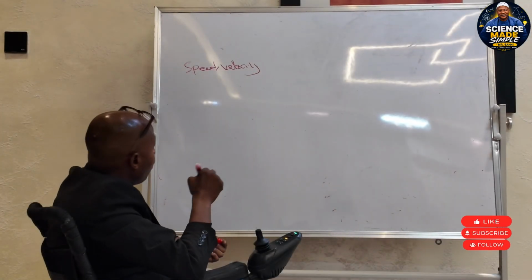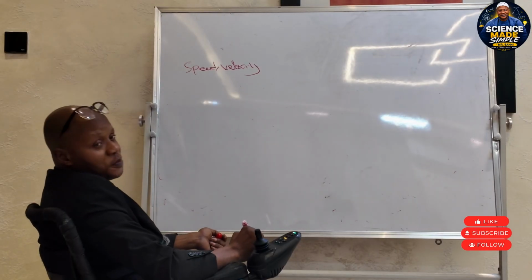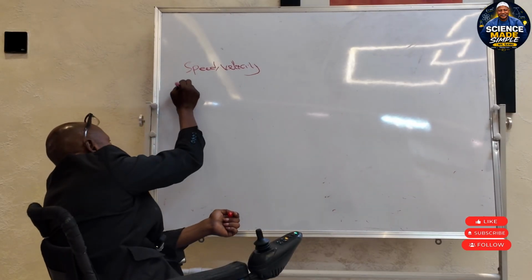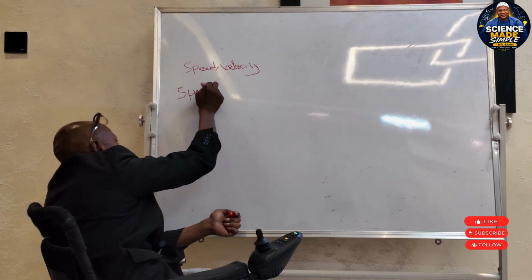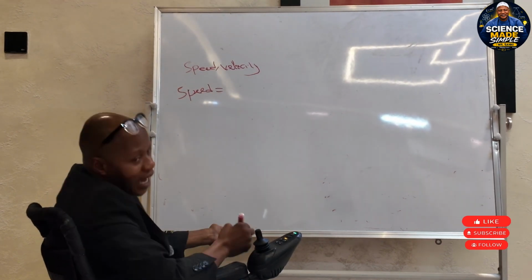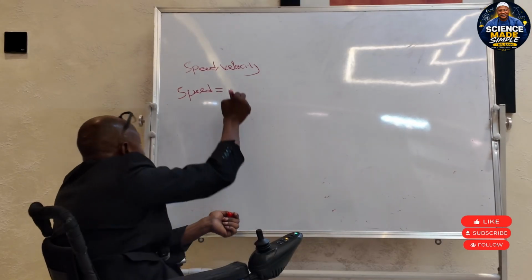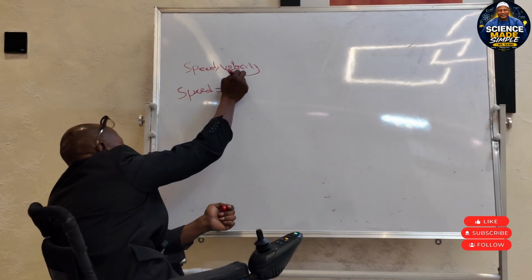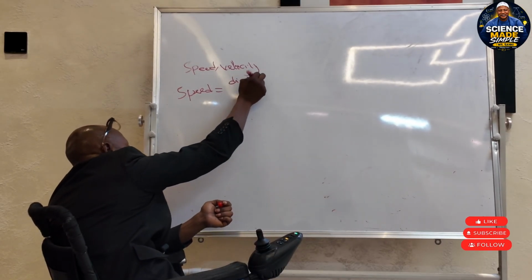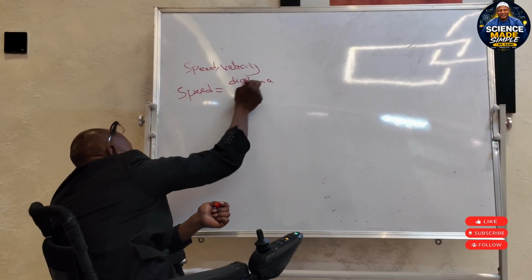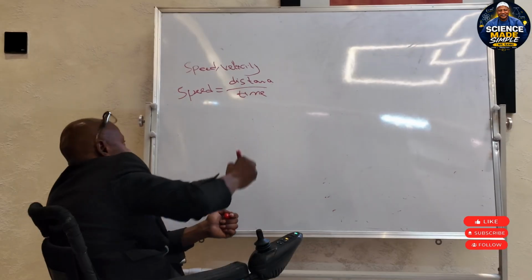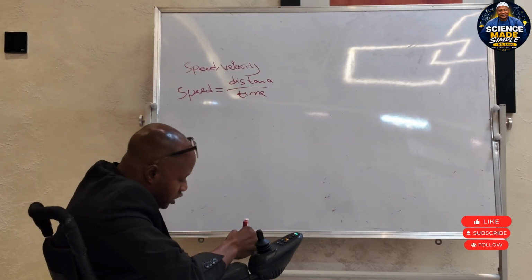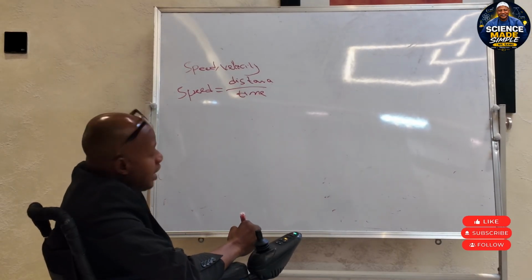Now, we want to look at speed. What do you mean by speed? Speed is defined as the rate of change of distance with time. That is distance over time. That is the movement of a body with time.